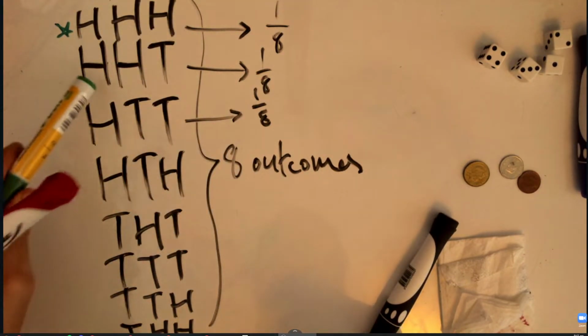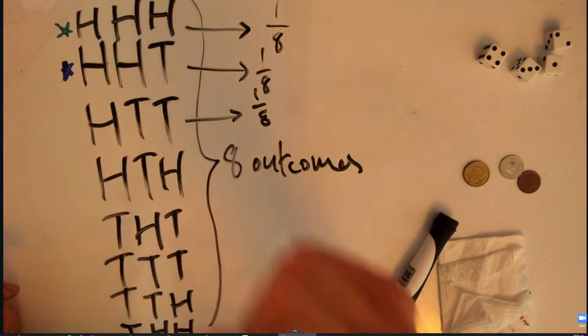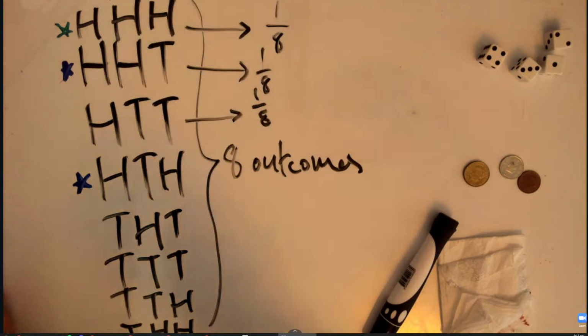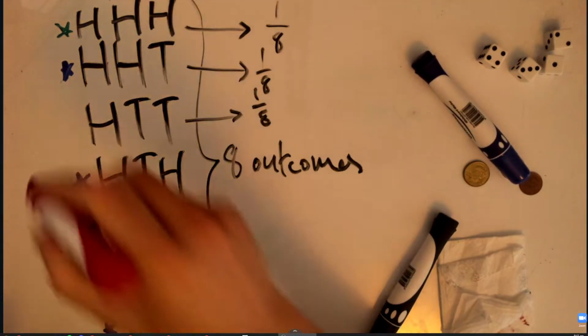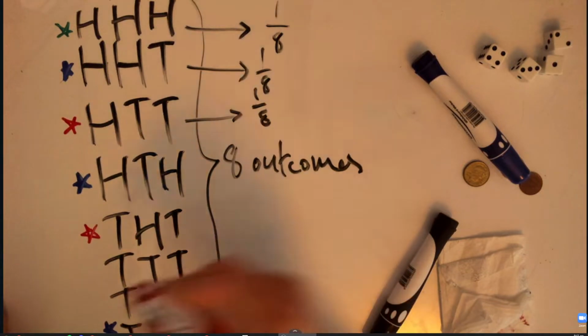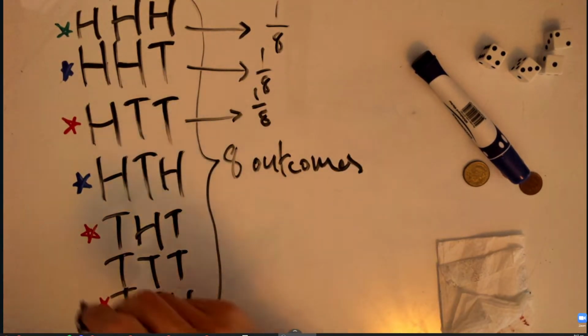How often does 2 heads and 1 tail occur? Here's 2 heads and 1 tail. Where else? Here. Where else? Down here. That's 3 times. The other outcomes are 2 tails and 1 head here, here, and here. And then finally, we have our triple tails.